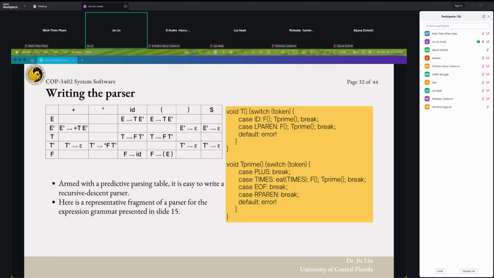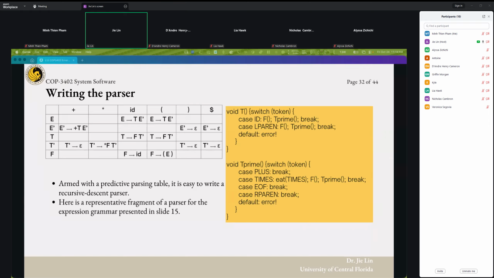It's recursive. Now, you may see another question in your final: what are the beauties of recursive parsing compared to non-recursive parsing? I just talked about it. It's modular.